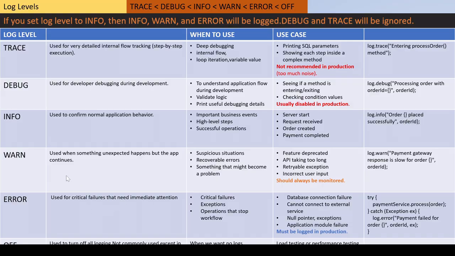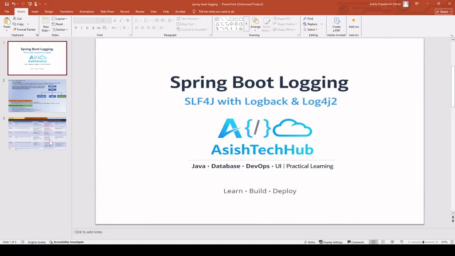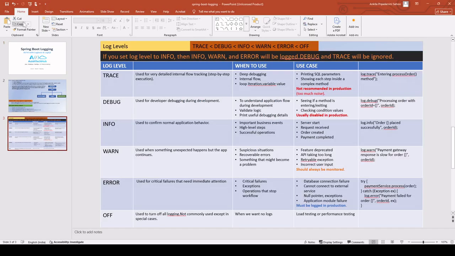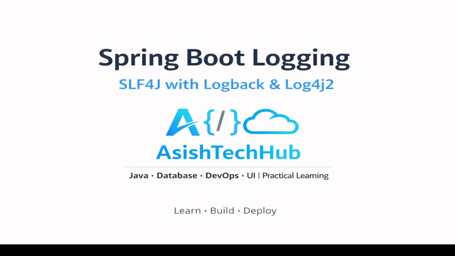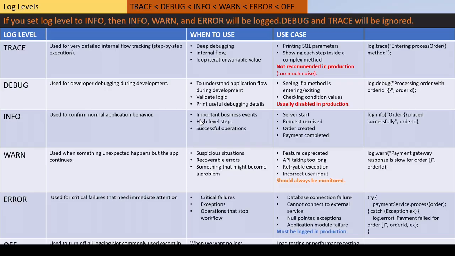Then coming to the warn level, use it when something unexpected happens but the app continues. For example, we see some warnings like a user has entered an incorrect password. That is kind of a warning only. If you see some applications, if they enter the password two to three times, then it blocks those things.